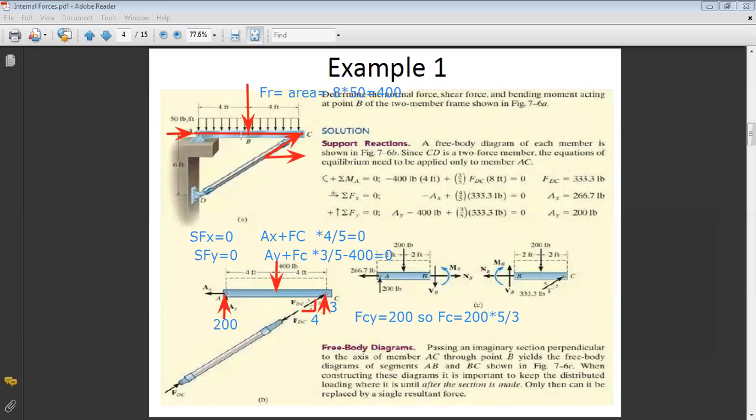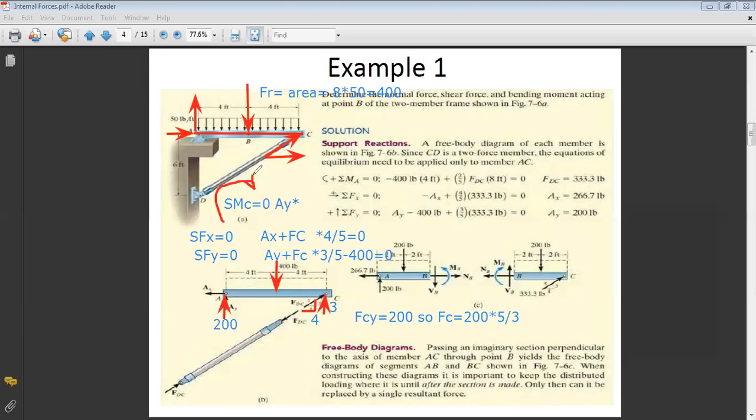Because doing sum of moment about C, let us write it here. Sum of moments about point C equals 0. You have AY times, I will specify my positive direction. I will consider the clockwise as positive.